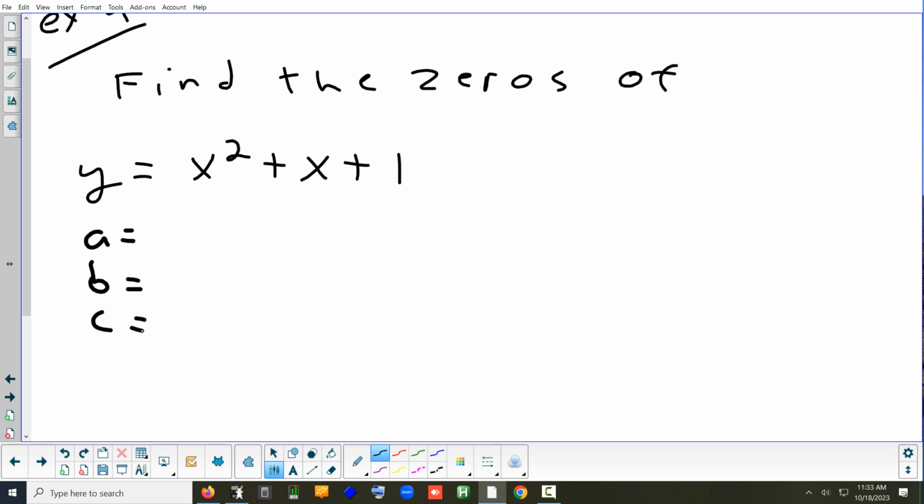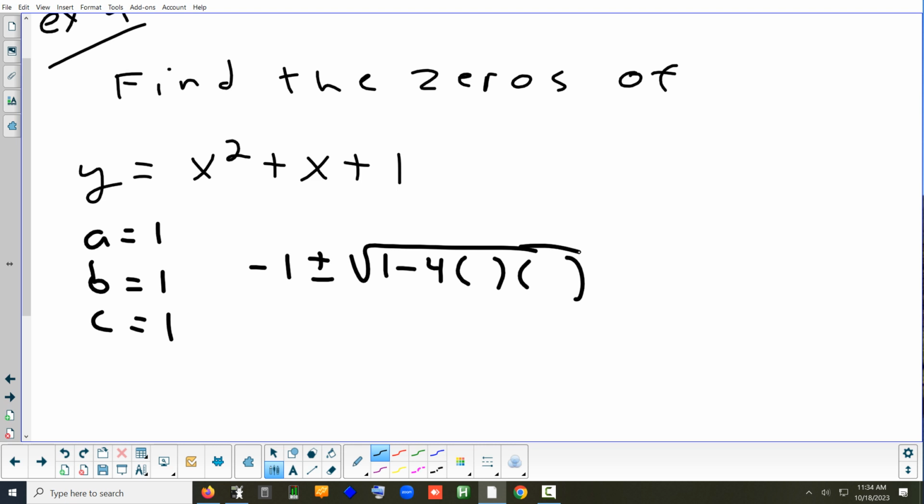Okay, what's a going to be? 1. b? 1. c? 1. All ones. Okay, so we got negative b plus or minus, what's the first thing that comes under the root? b squared. b squared, yep. Minus 4 times, what are the two letters that go there? a and c, they're all ones.